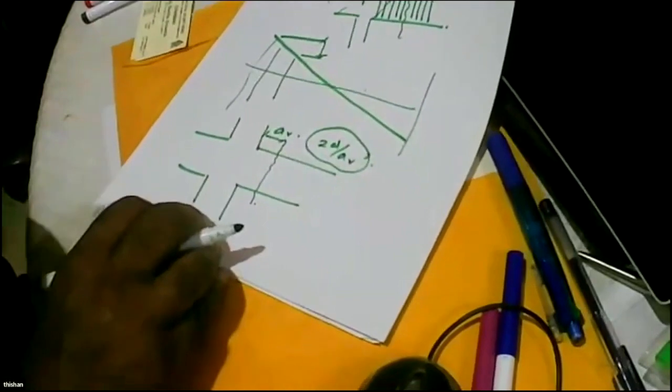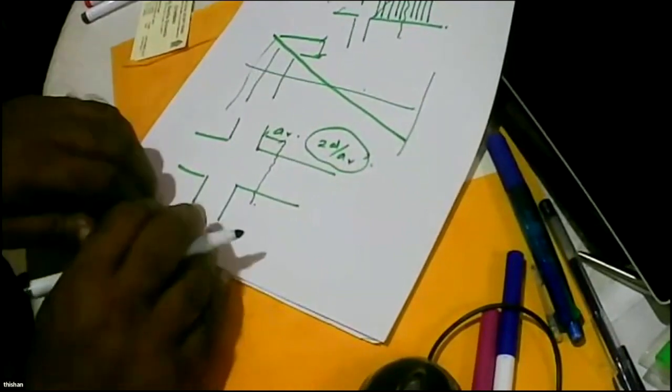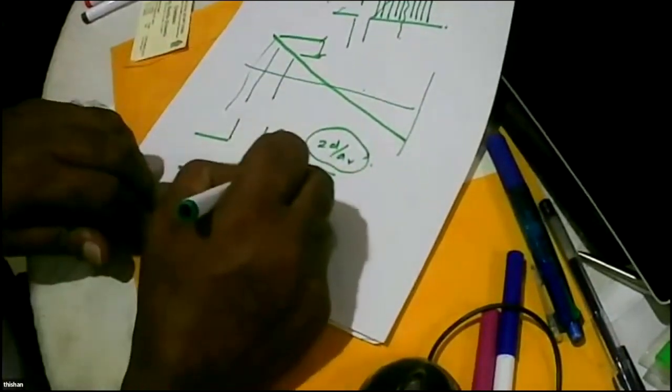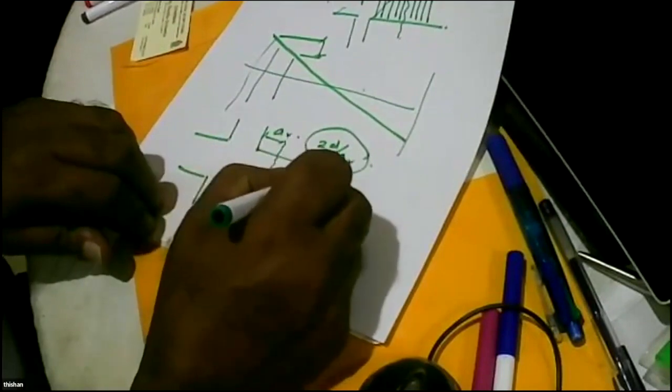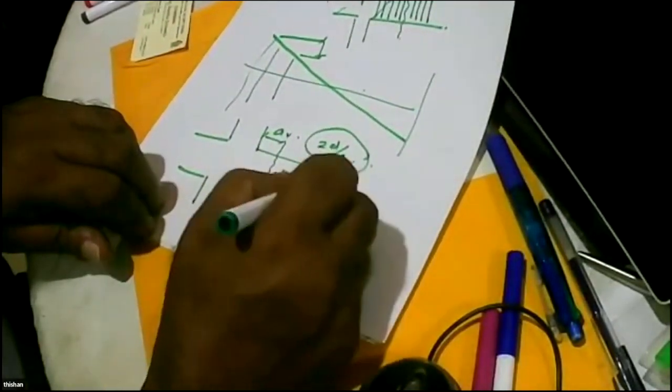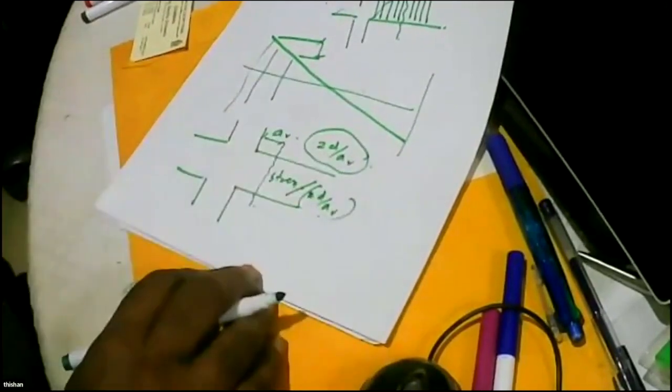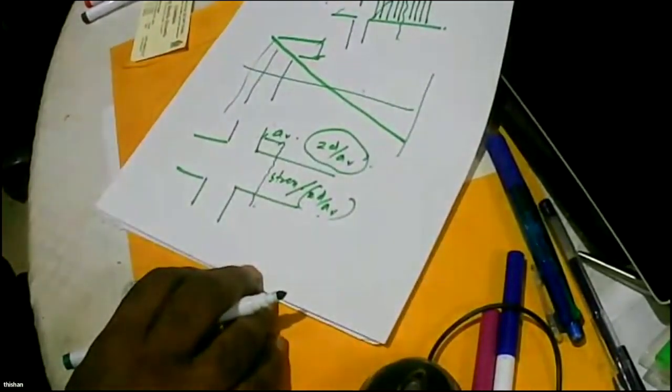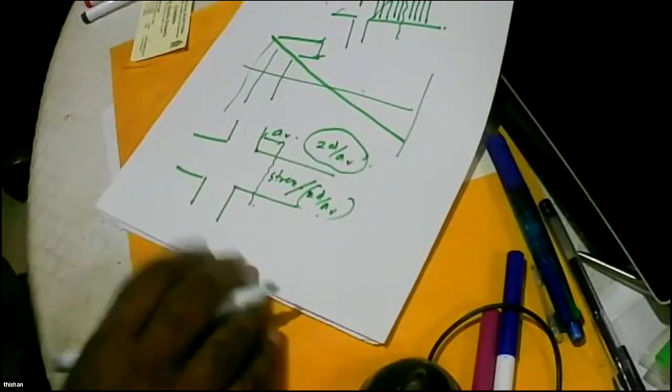So the way Eurocode handles it is, find the stress here divided by 2D over AV, and make sure that you design for that particular shear stress. Now where are we going to use it?